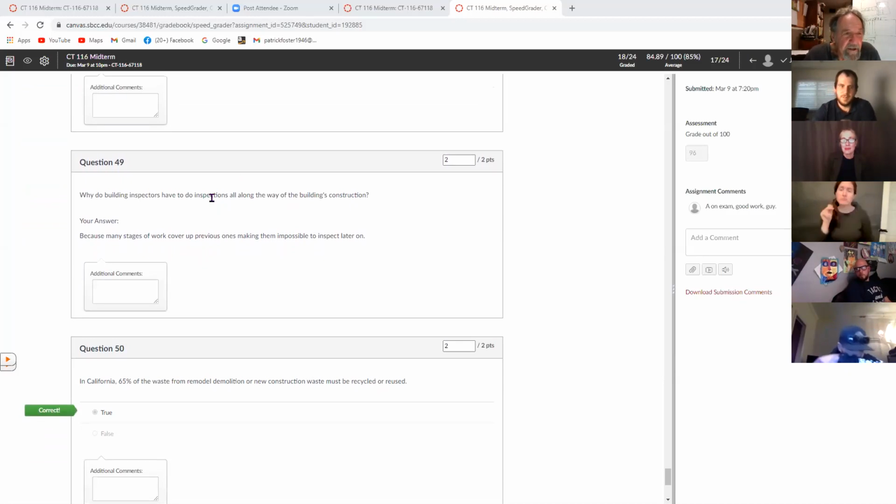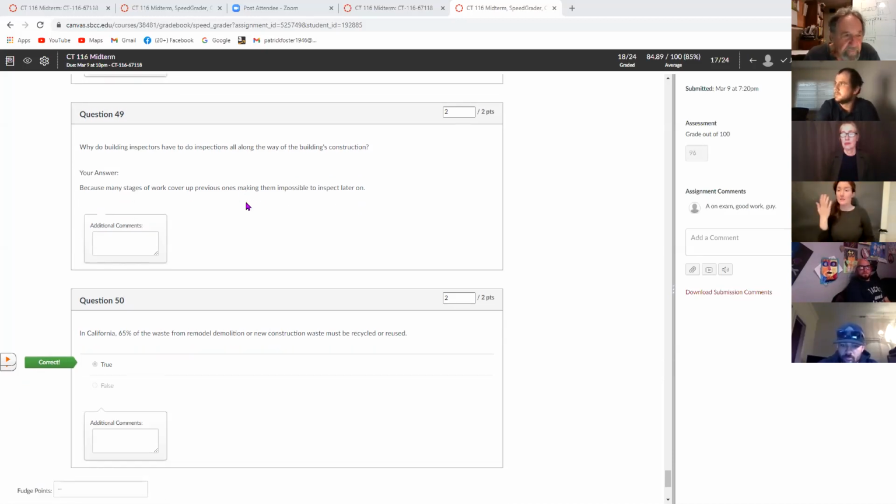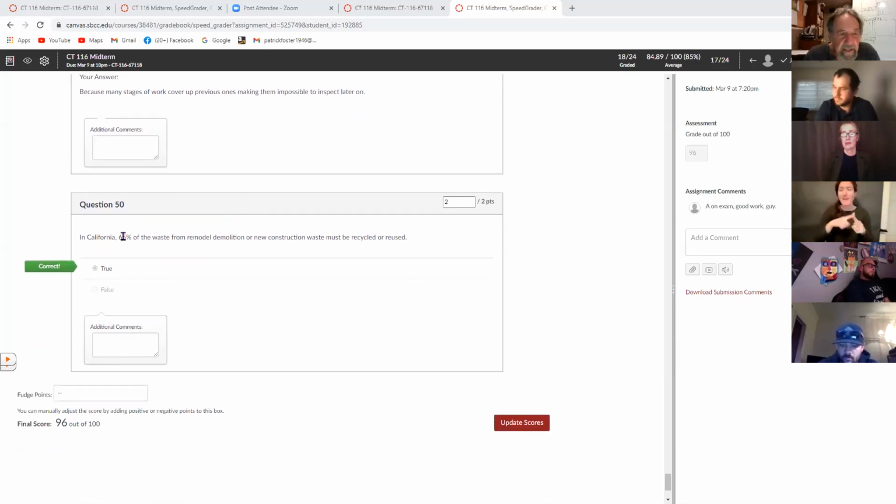49. Well, everybody got this. Inspectors need to come at periodic places in the sequence of the building because you cover up things that they need to see. And so they have to come before they're covered up. It's pretty simple. And then last one, California. This is a relatively new law, 65%.